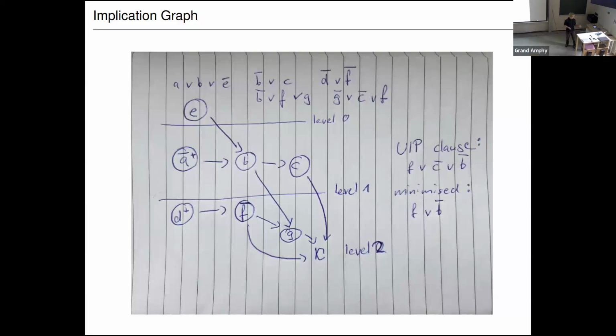Now, if we want to do it in a sophisticated SAT solver, and I'm not sure if MiniSat implements minimization of the learned clause, we actually have some further algorithms that minimize our clause. If we look at this lower decision level, we can easily see that if we now resolve with this binary clause here, we actually get rid of an entire literal in our learned clause, and this is good.